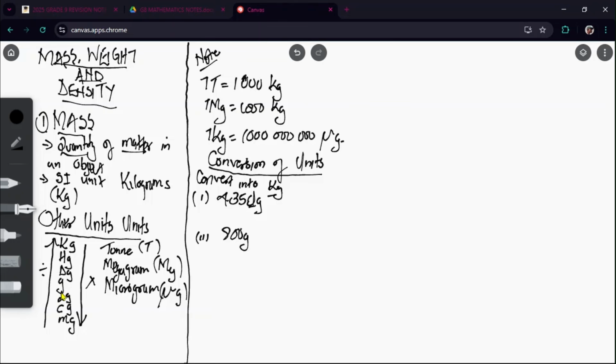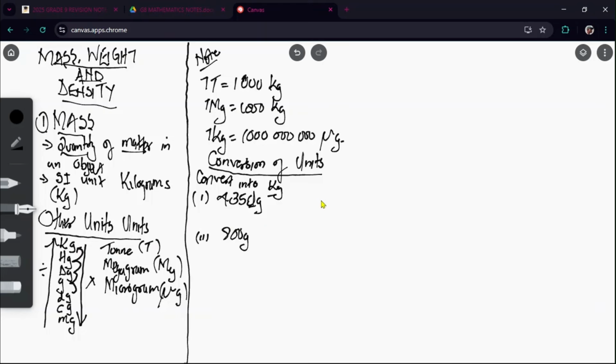So how many steps am I moving here? I am moving from decigrams. We count how many steps? 1, 2, 3, 4. So we are moving 4 steps.